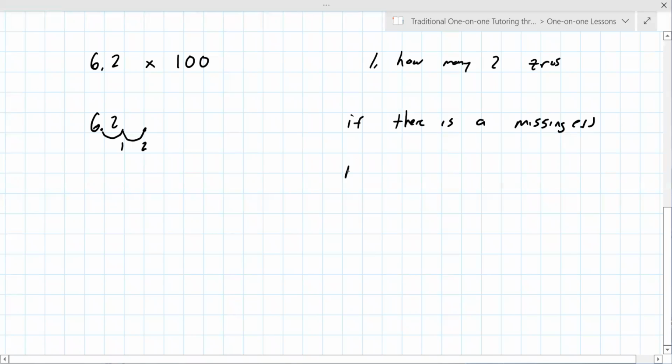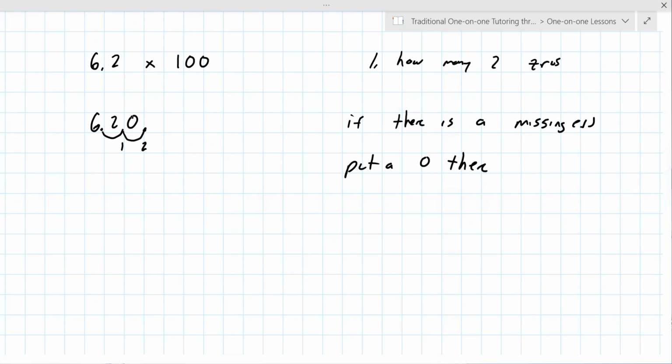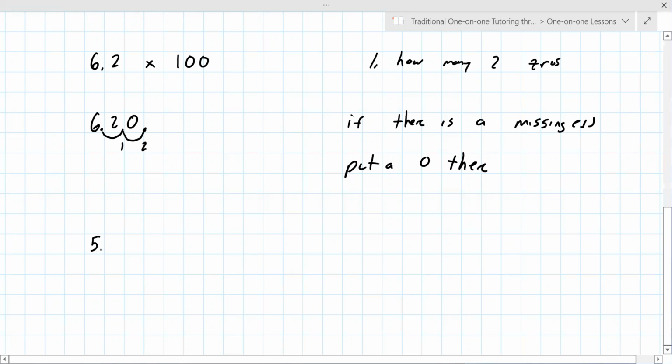Okay, put a 0. So what if there's like 2 empty spots? Do we put 2 zeros there too? Yes, exactly. That's right. Okay, so try this one for me, please.